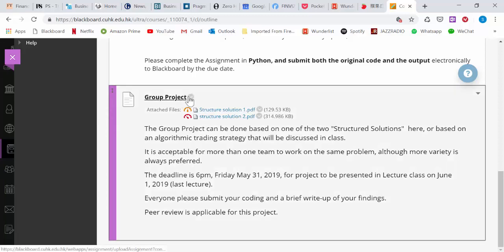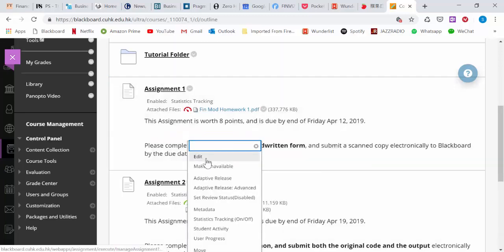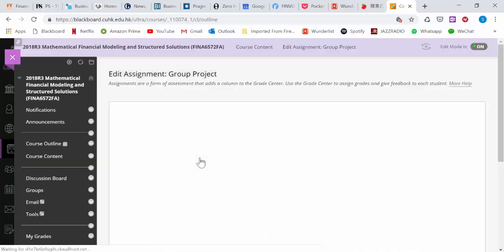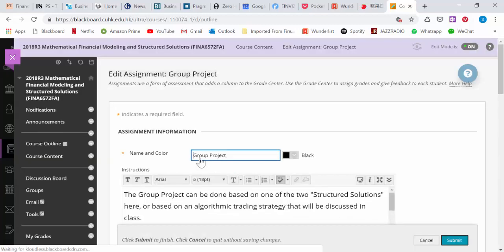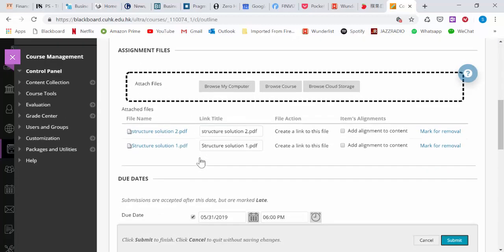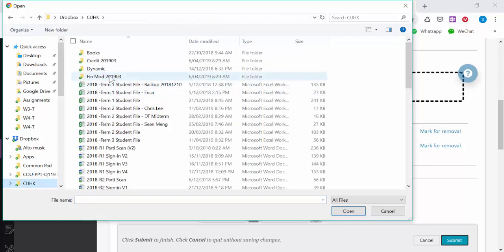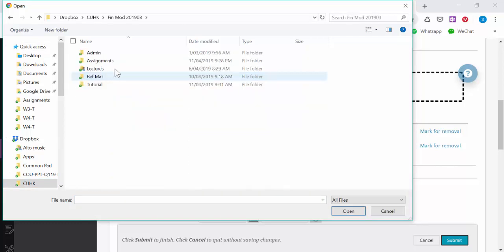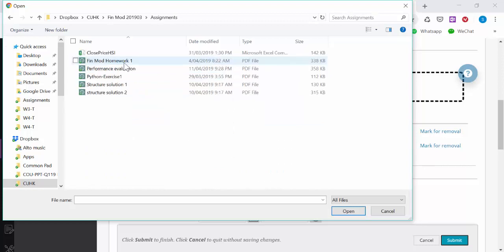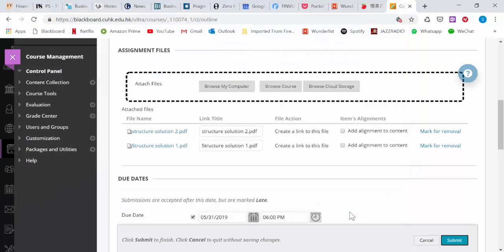Now I want to add one more thing, so I'm going to do that now. I'm going to add one more attachment, and I'll show you what that is in a moment.